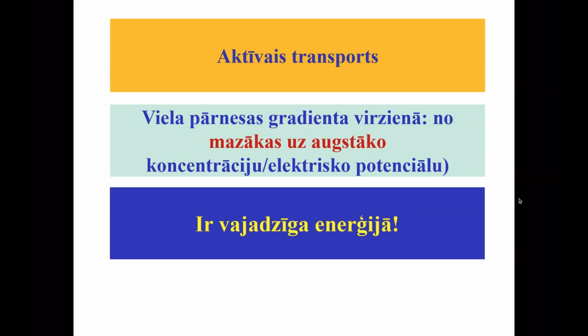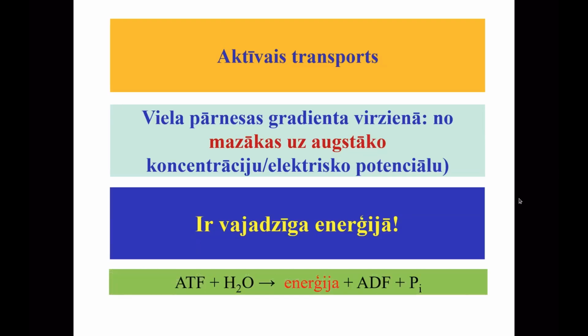To activate this engine, we need energy, and the energy is delivered by ATP molecule dissociation in water. We know this. This is the main energy source for our life. We spoke about this at the beginning of our course.